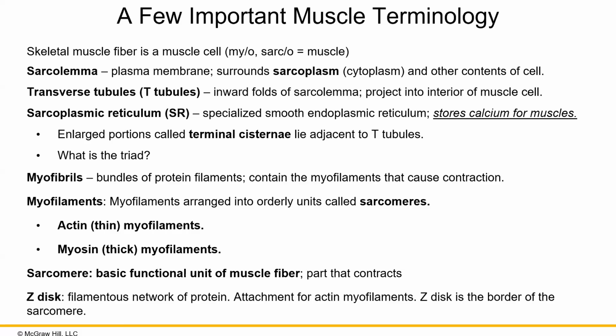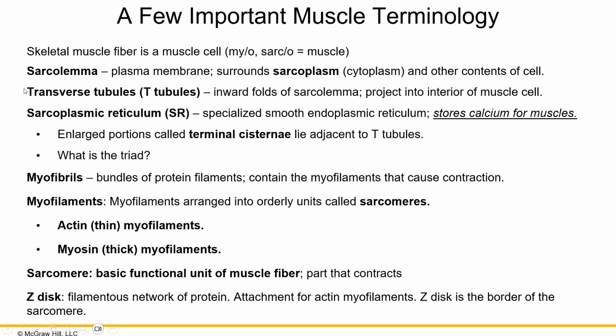So if you remember back from unit one, we had a plasma membrane or the cell membrane that surrounded a cell. When it comes to muscle fibers, that is the sarcolemma. So the sarcolemma is the plasma membrane of a muscle fiber, and that sarcolemma is going to surround sarcoplasm. So that's the special name for cytoplasm when it comes to our muscle cells.